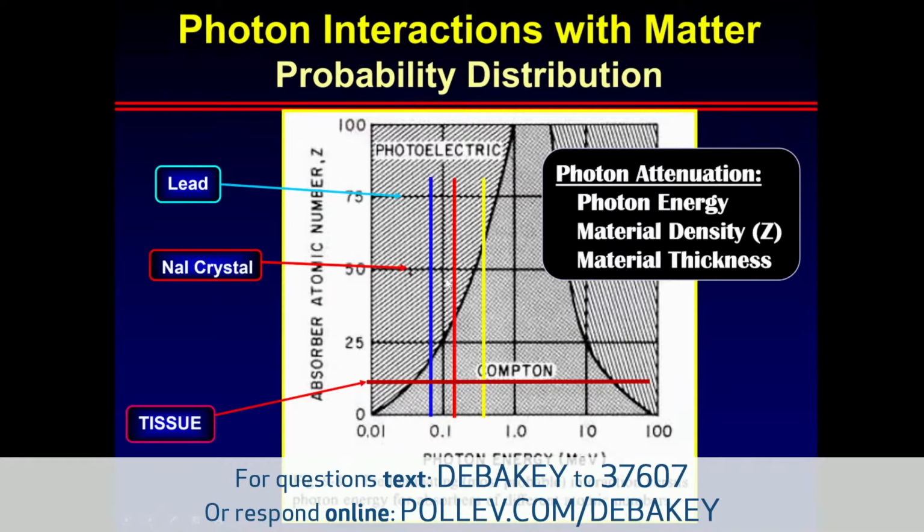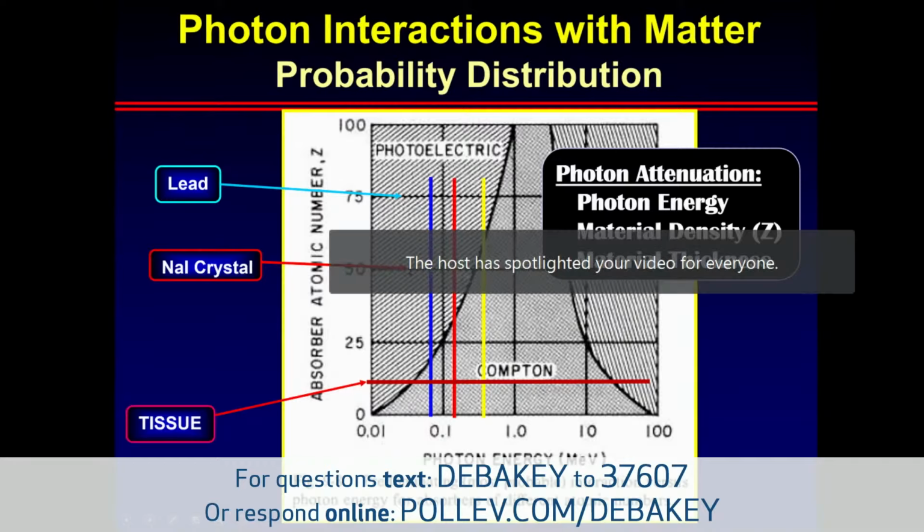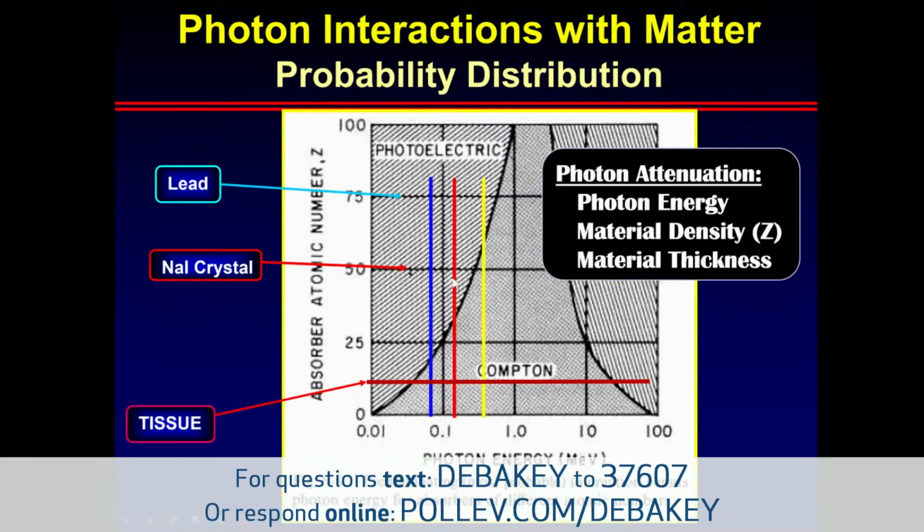In the sodium iodide crystal, with both technetium and thallium, most of the time you'll get photoelectric effect rather than Compton scattering. But look what happens in tissue before it ever gets to the camera surface.